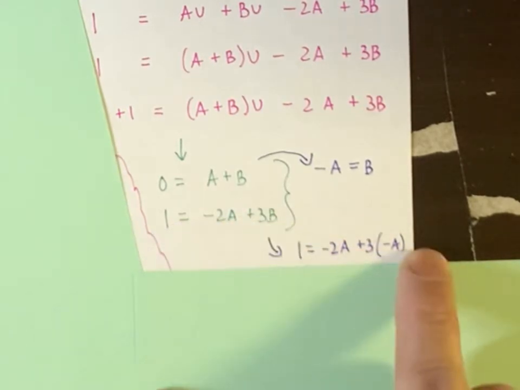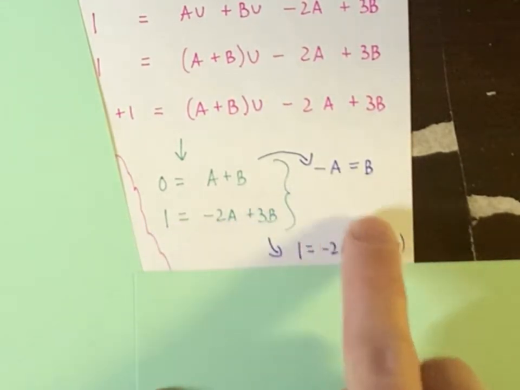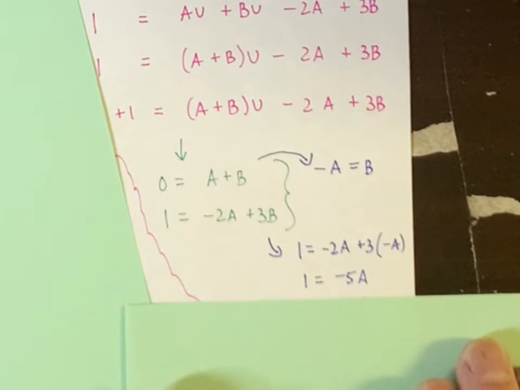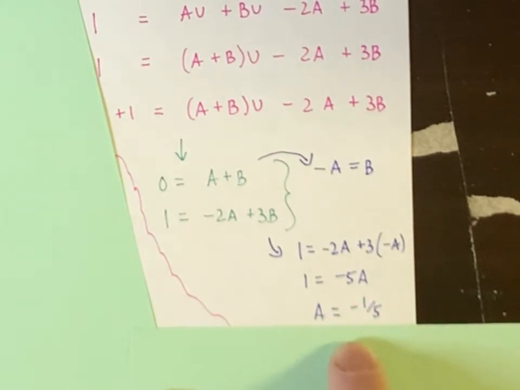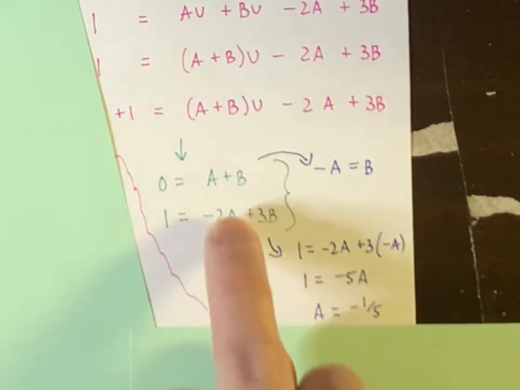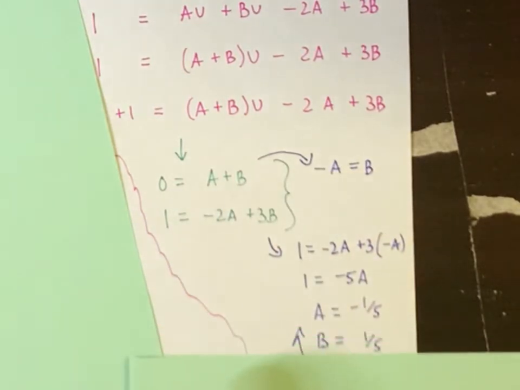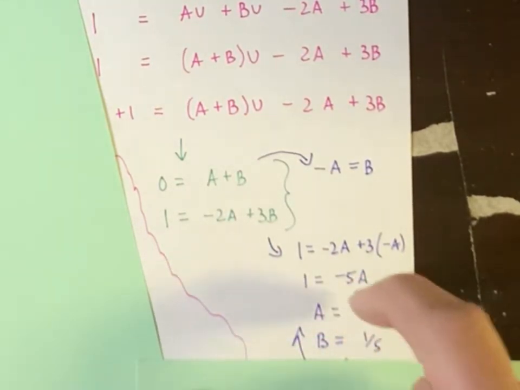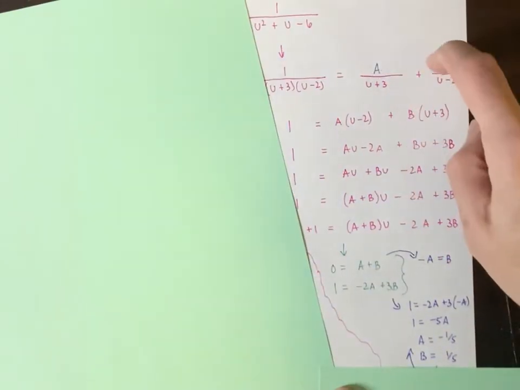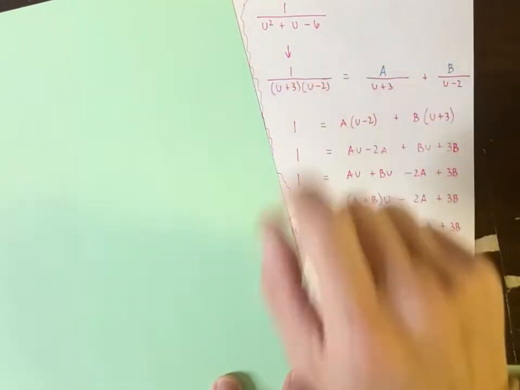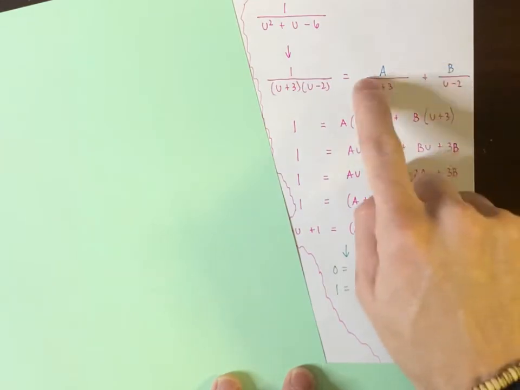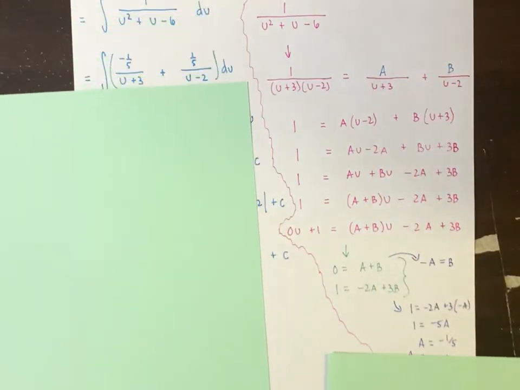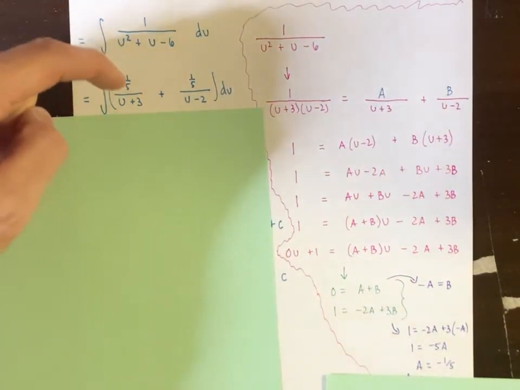The B turned into negative A. Clean that up, and that tells you that A is negative 1/5. And by substitution, if you plug that back in here to solve for B, you find that this is the value of B. So now we have A and B. So we can take A and B and plug them in there so that this one fraction gets replaced by these 2 smaller fractions. And that's exactly what happened from here to here.